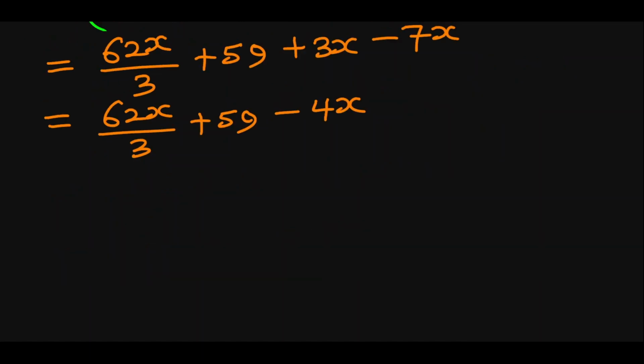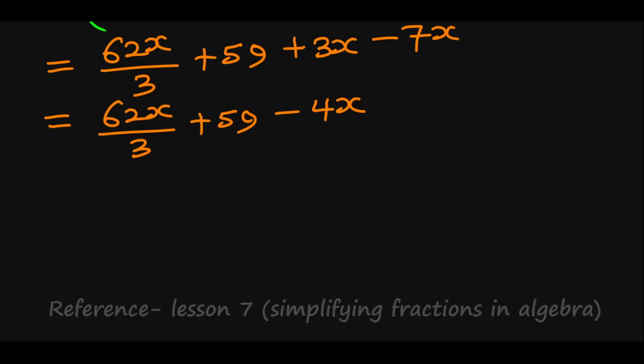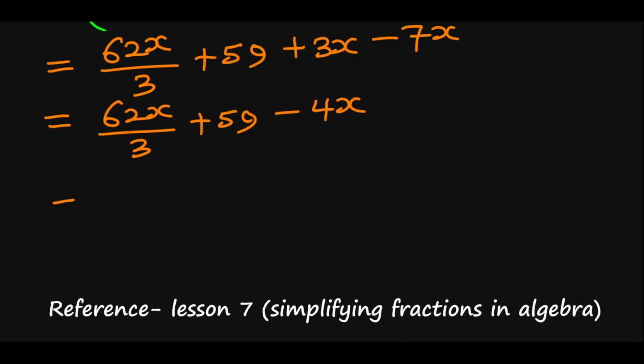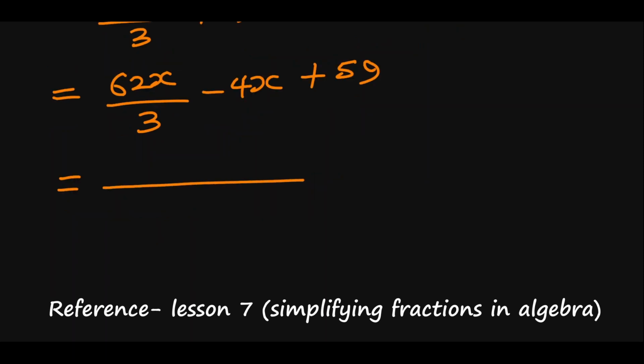Now we can collect like terms because the x is on the numerator of the fraction of 62x over 3. So this will now give us 62x over 3 minus 4x plus 59. Now, based on the last lesson of algebraic fraction, we can make this minus 4x to be minus 4x over 1 so that we can add it with this fraction.